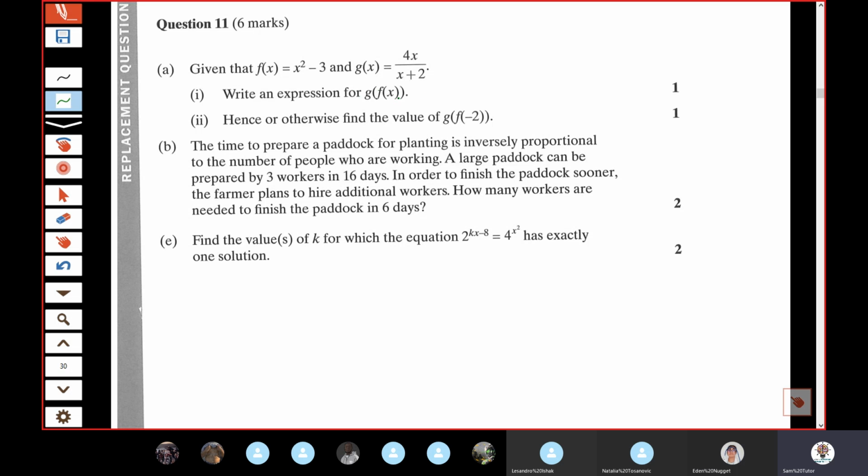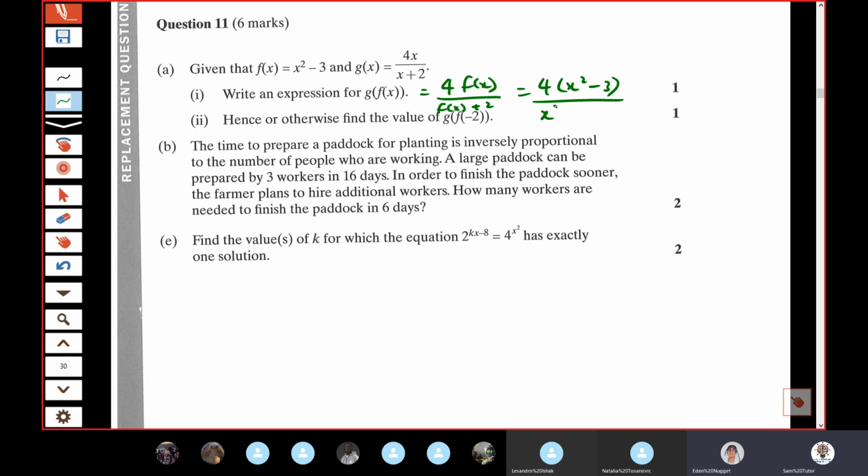Just so you guys maybe remember how to do this, g of x is obviously 4x on x plus 2. When you say g of f of x, it means substitute f of x every time you see x. So in other words, it looks something like this: 4 f of x on f of x plus 2. See that? Exactly the same. But what does f of x equal? X squared minus 3.